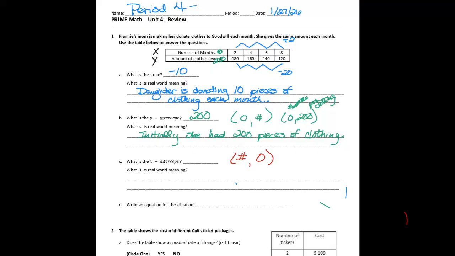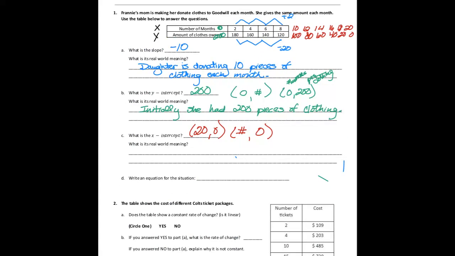One way to do it is keep going and say 100, 80, 60, 40, 20, 0. Keep writing out in that table. And so this would be 10, 12, 14, 16, 18, and 20. So the x-intercept here is 20 and 0. And what is that real world meaning? It would take 20 months.